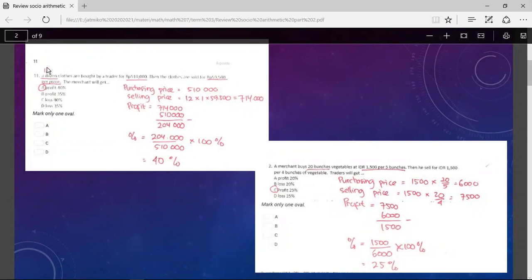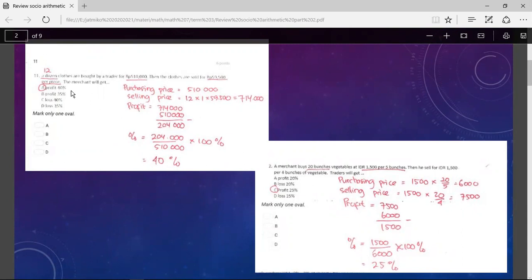With 12 pieces, we multiply by 12, so 714,000. Then how to find the profit? We just subtract the purchasing price from the selling price, so it is equal to 204,000.